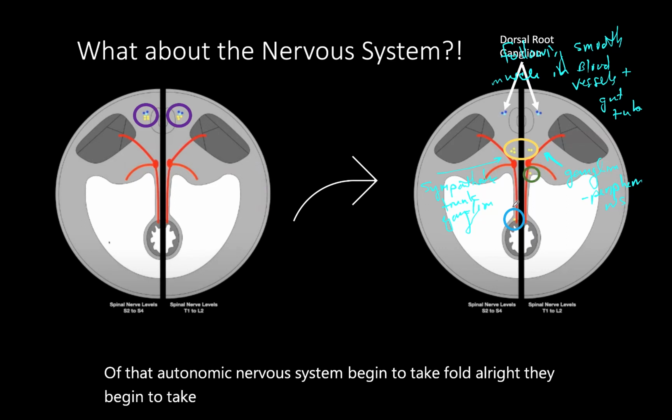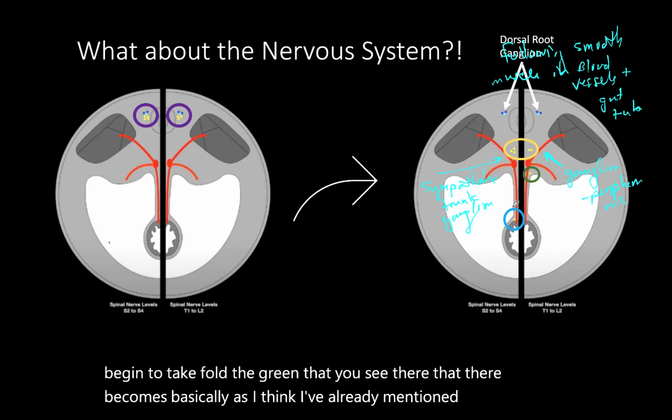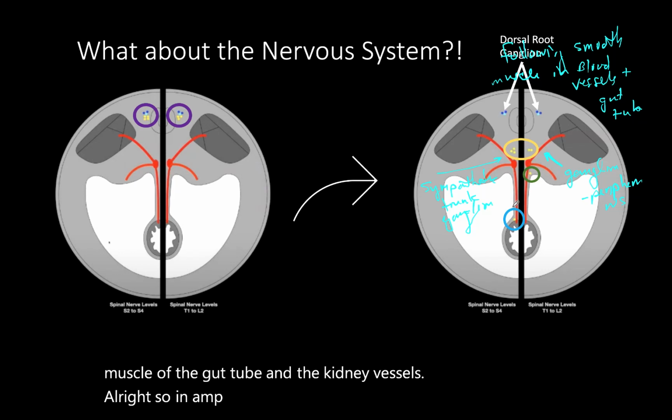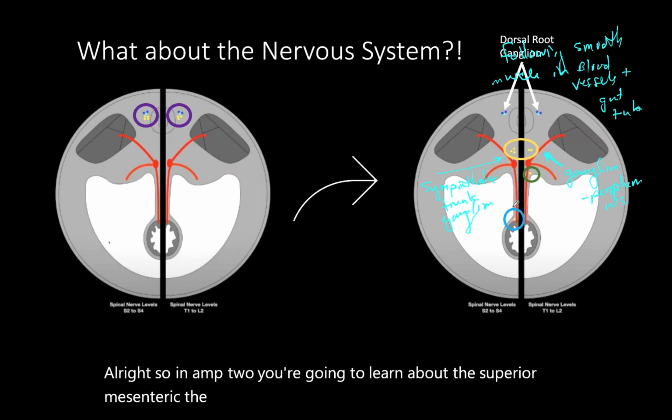The green that you see there becomes, as I think I've already mentioned, the smooth muscle of the gut tube and the kidney vessels. Right, so in A&P2, you're going to learn about the superior mesenteric, the celiac, the inferior mesenteric, the aorta, and the renal arteries.